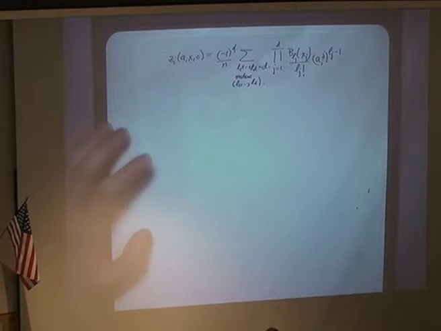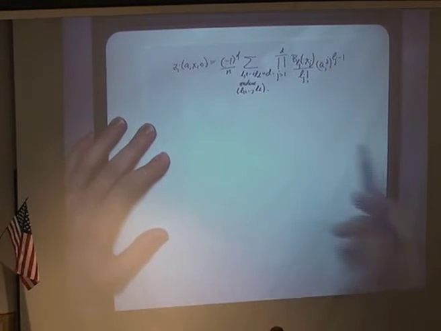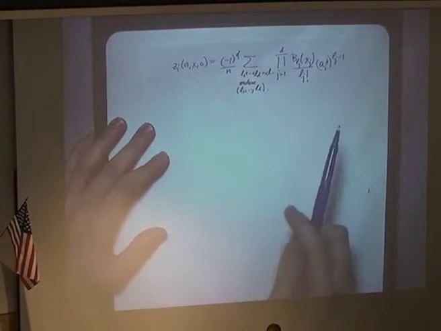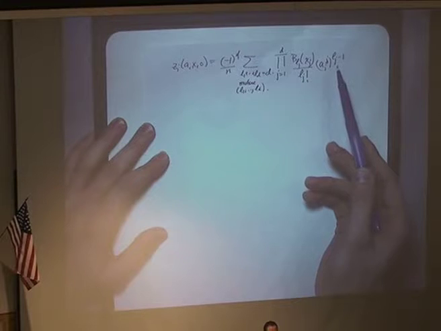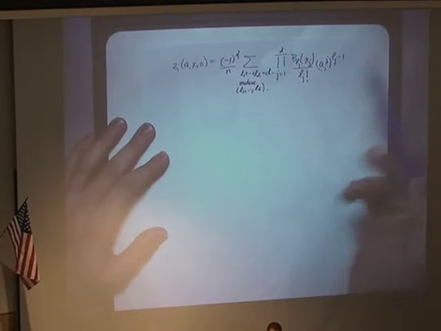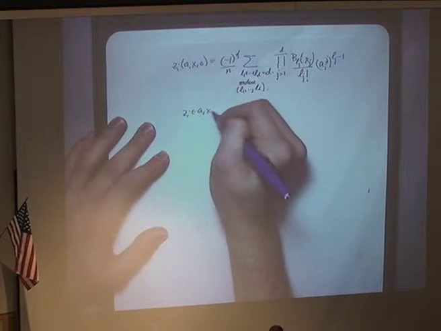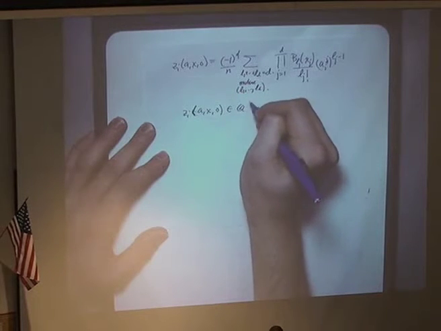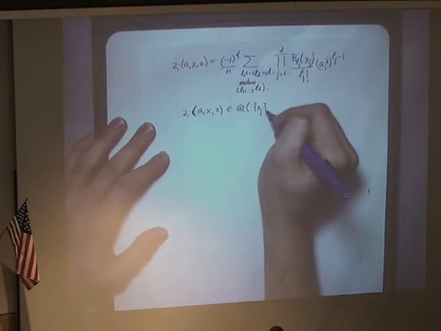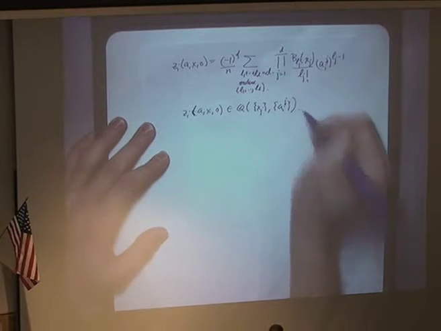Okay. Now, you get a sort of cheap corollary from this, that this value belongs to the field generated by the coordinates of x and the matrix entries of A, because the Bernoulli polynomials have rational coefficients. So what we get is that zi of A, x, 0 belongs to the field generated by the xj's and the aij's.